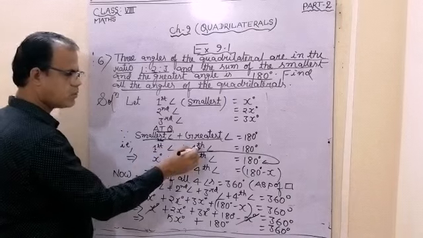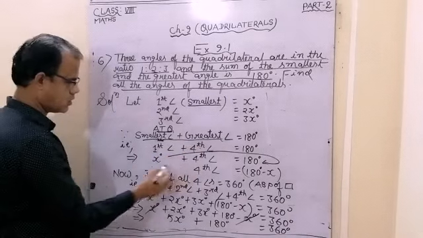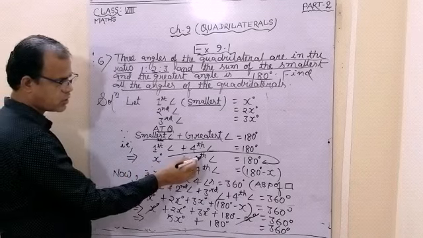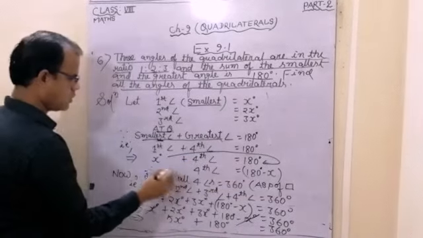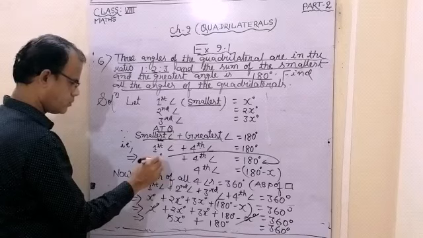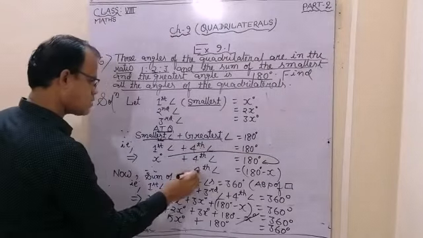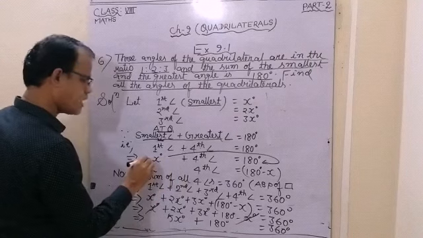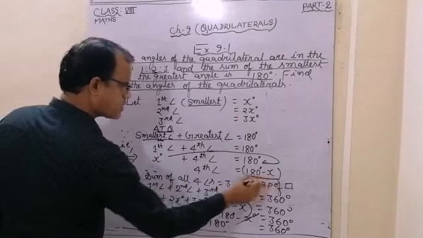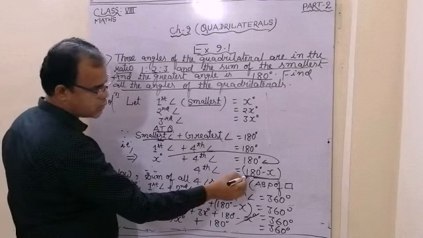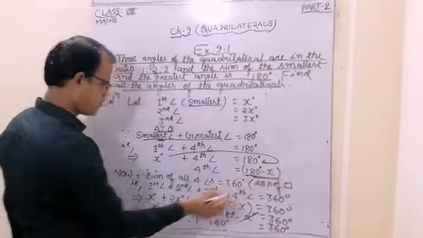So first angle plus fourth angle is 180 degrees. So x degrees plus fourth angle equal to 180 degrees. When we put this x on this side, it becomes minus x. So the value of the fourth angle is 180 degrees minus x.